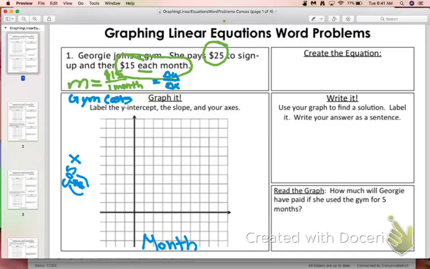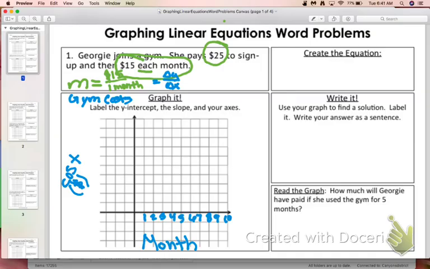Now, we have the title, we have the axes labeled, now we have to do our intervals. Well, we count months by ones usually, so that's what I'm going to use on the bottom. Now, let's see if it makes sense to do the same thing for our money. Are we going to count by ones?